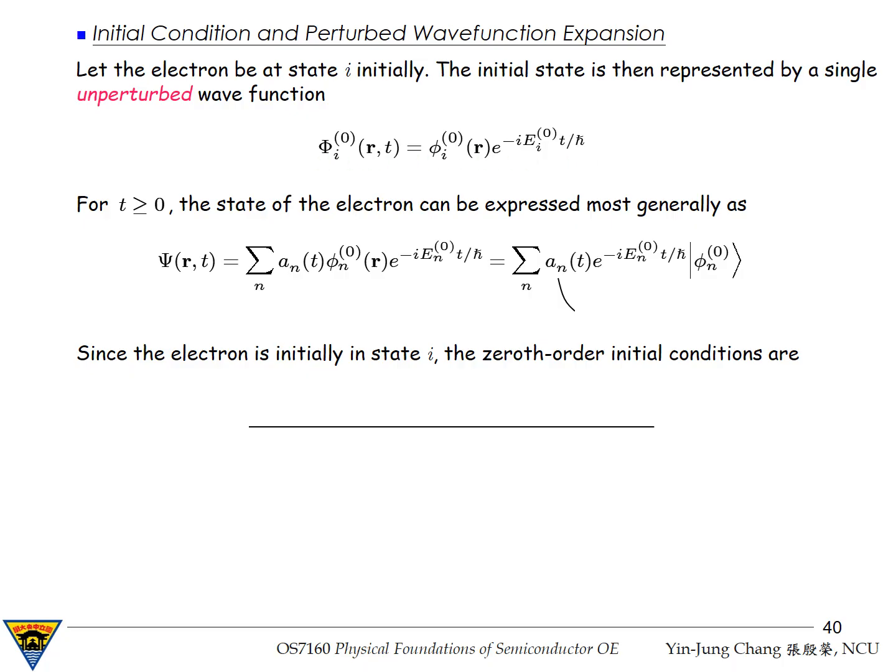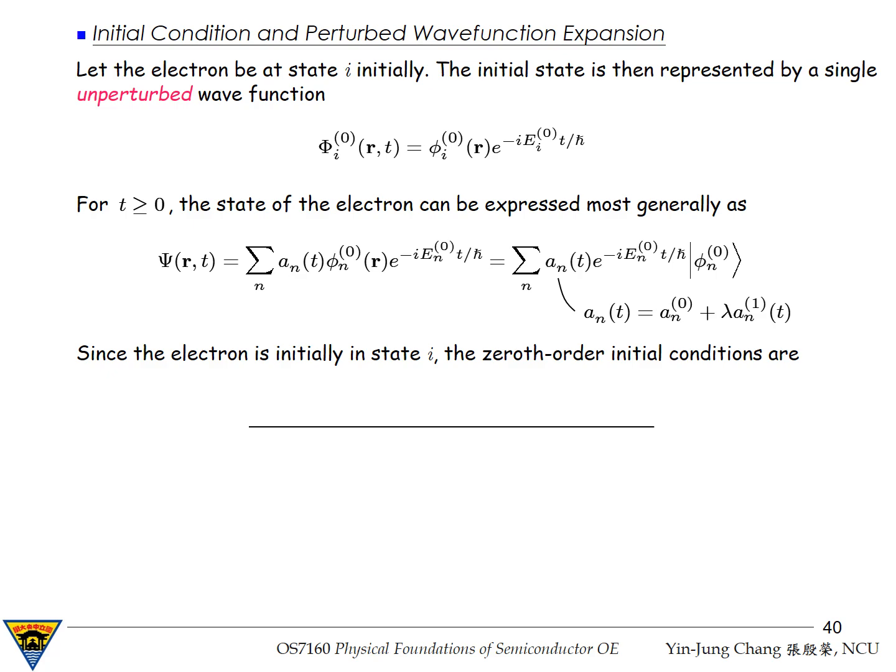Now for times t larger than or equal to 0, the state of the electron is written as the general superposition of all unperturbed eigenstates, each multiplied by a time-dependent coefficient or amplitude a sub n of t. And as before, we use the perturbative expansion for a sub n of t up to the first order of the perturbation parameter lambda.